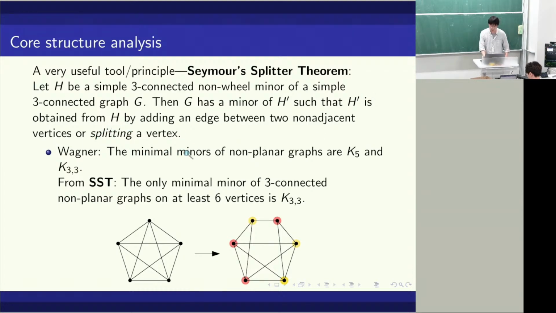Here we need to emphasize that when splitting a vertex into 2 new vertices, these two new vertices have no common neighbor, which means that we can only split a vertex of degree at least 4.